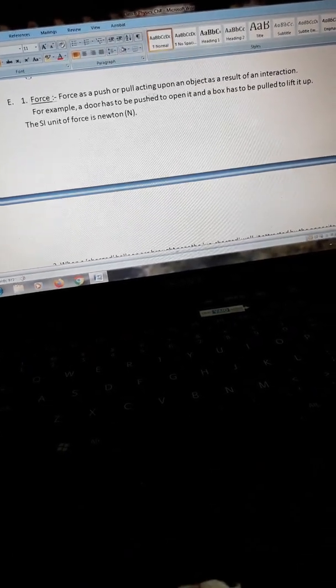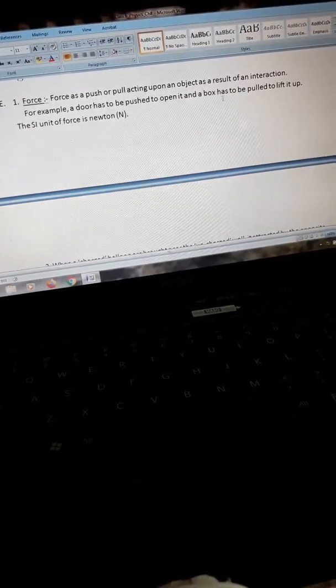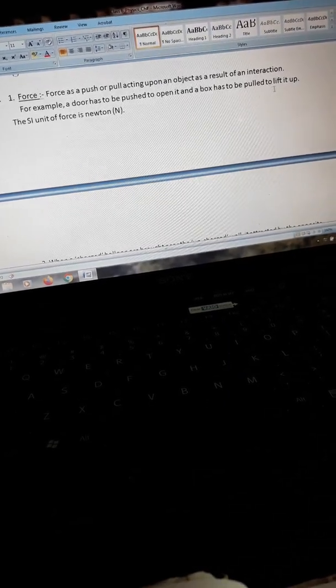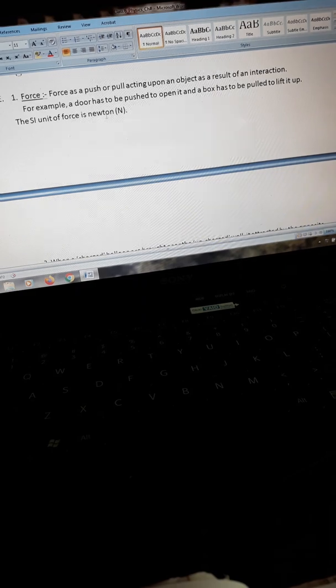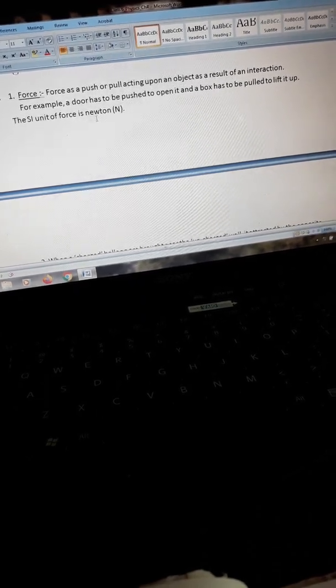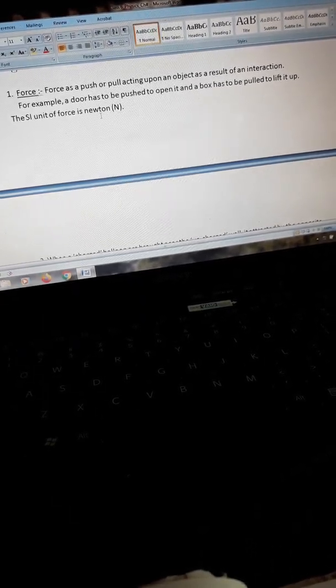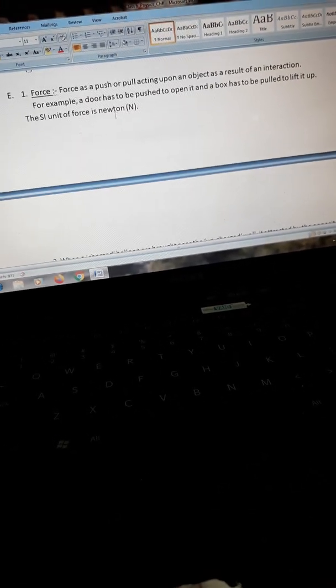So force is a push or pull acting upon an object as a result of an interaction. For example, a door has to be pushed to open it, and a box has to be pulled to lift it up. The SI unit of force is newton. You write newton like this, with a small n, because it is a person's name.